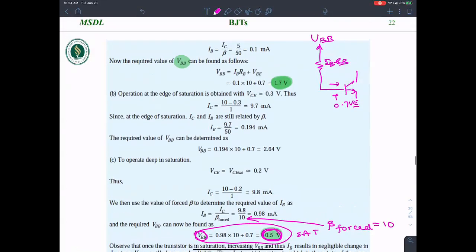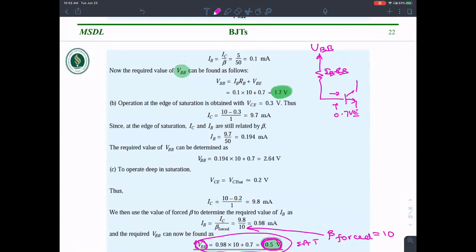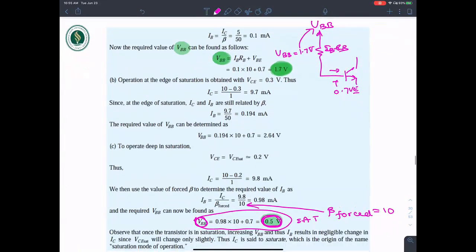Compare that to the result you got in the active region. In the first problem, you only need to apply a VBB of 1.7 volts, while in the third problem you have to apply a voltage of 10.5 volts on VBB.